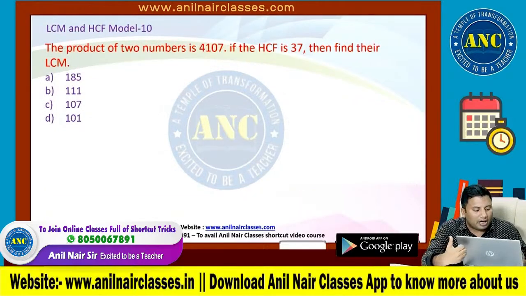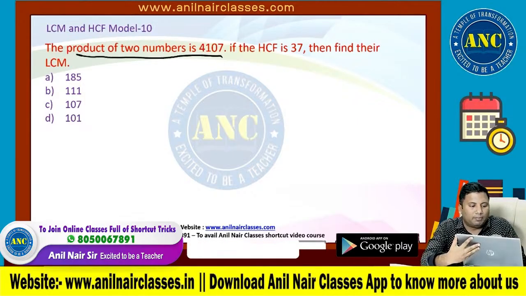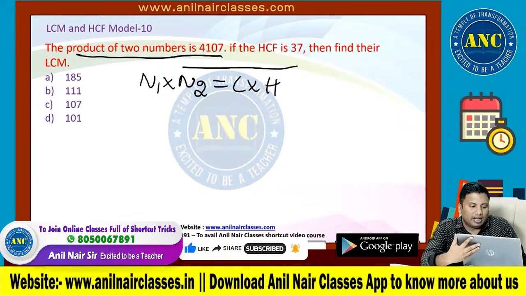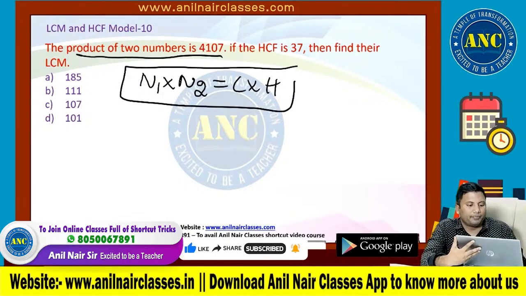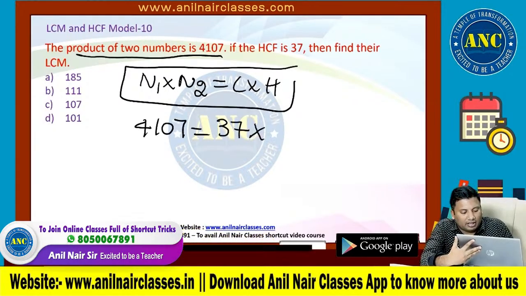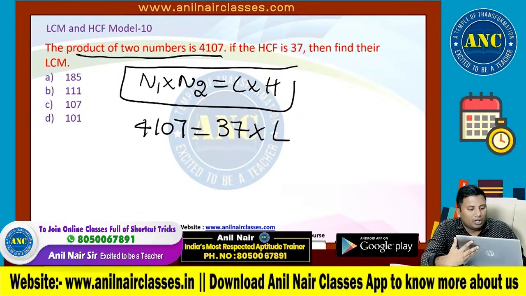Product of two natural numbers is 4107. N1 into N2 is LCM into HCF. HCF is 37 into LCM. The unit digit is 7.